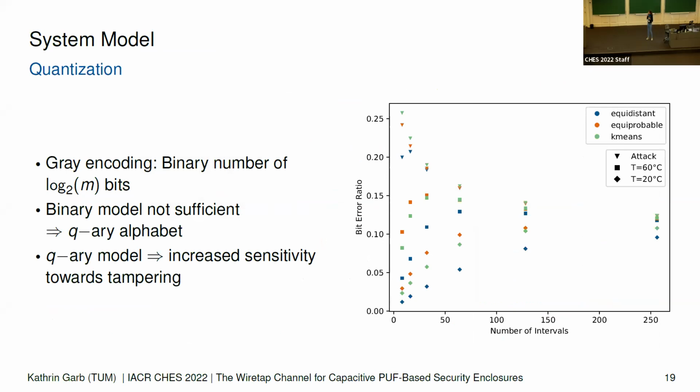The first thing we tried was binary Polar code, and then we tried gray encoding, and we figured out this doesn't work, because we couldn't really distinguish at a certain number of intervals between an attack and a temperature effect. We also tried this with other binary encoding.